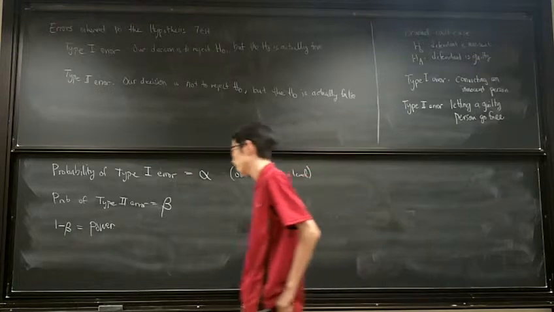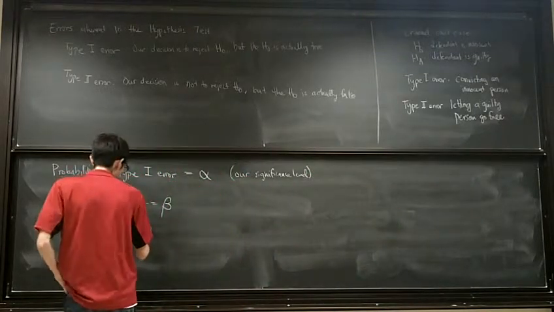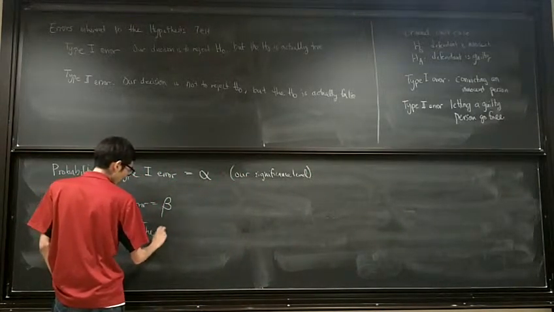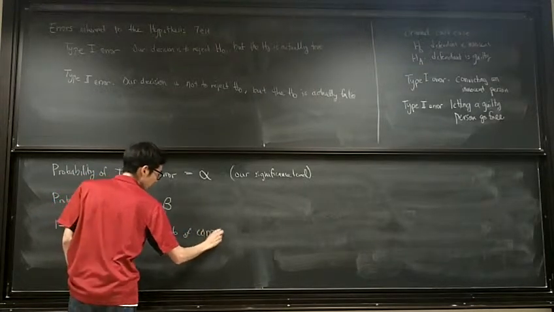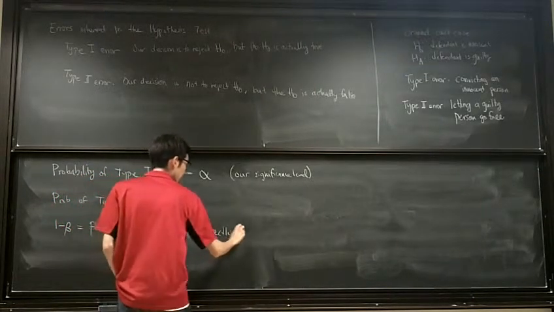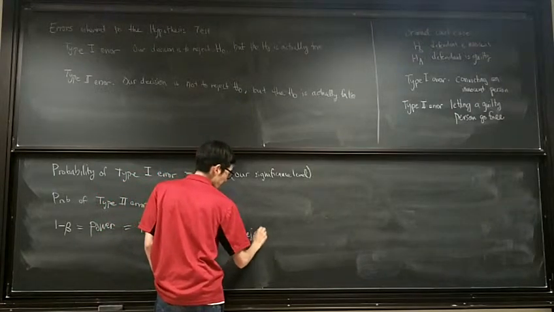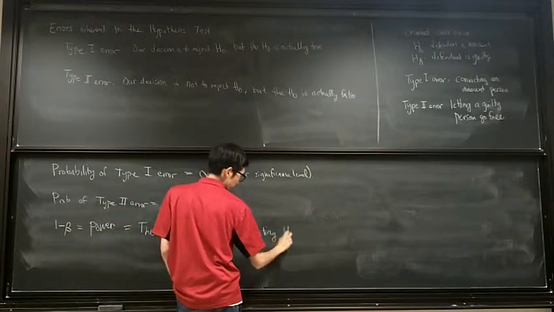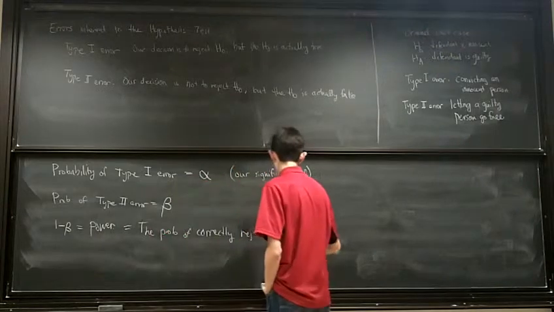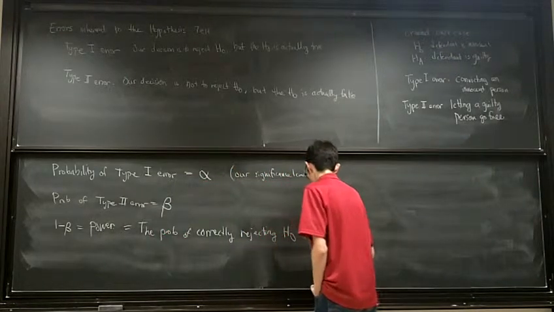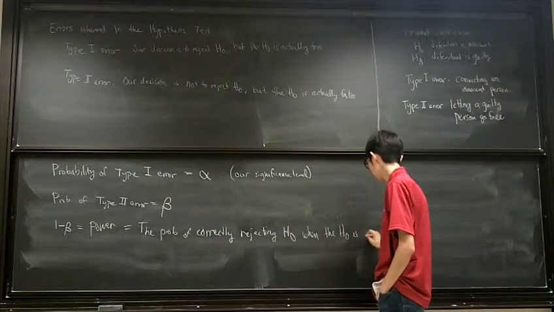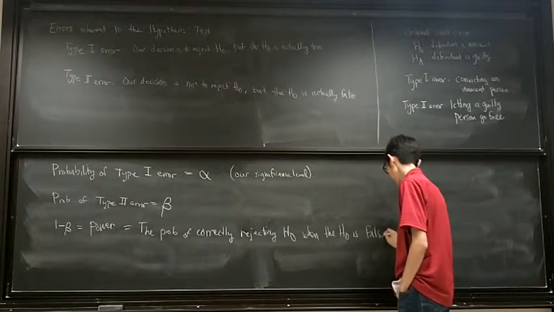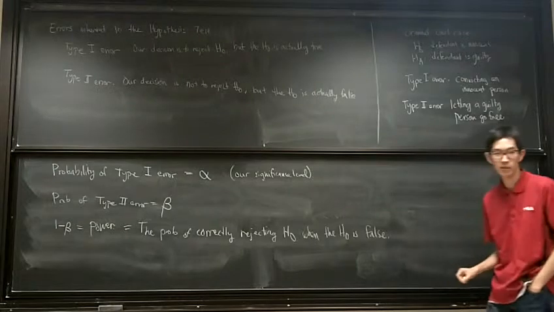So power, this is the probability of correctly rejecting the null hypothesis when the null hypothesis is false.